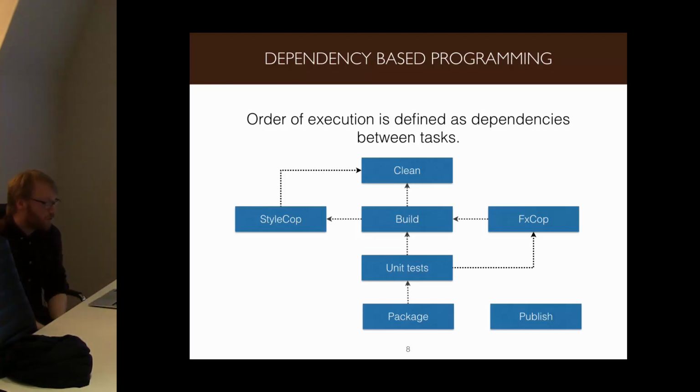You don't want to package stuff before you run the unit tests, and you absolutely don't want to publish anything before you package it. So we define these dependencies between these tasks, how they relate to each other. Sorry, I've never talked about this in English before.